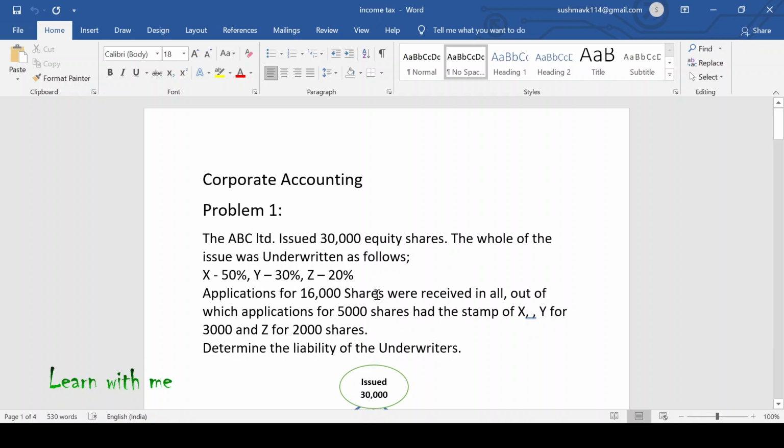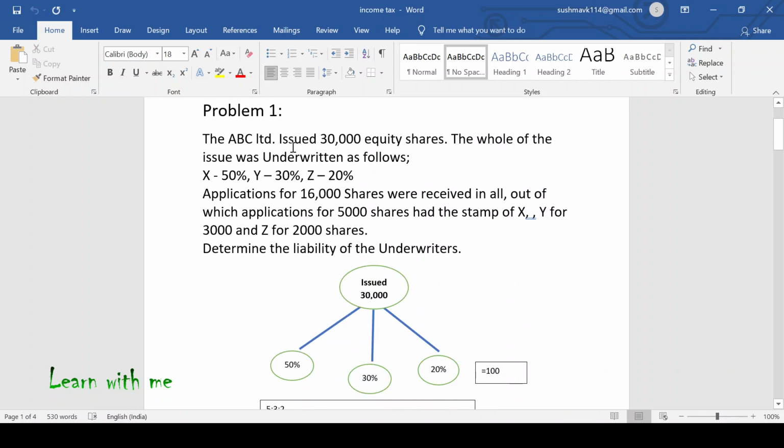Okay, now before moving to solve the problem, let us analyze it. I told you the total issue of equity shares was 30,000. So here I have made a chart. It tells that the total issue was 30,000, and in the 30,000, X's part was 50%.